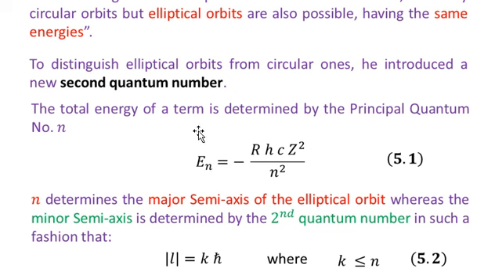But as I stated, Sommerfeld also introduced elliptical orbits, and with that he introduced a second new quantum number.